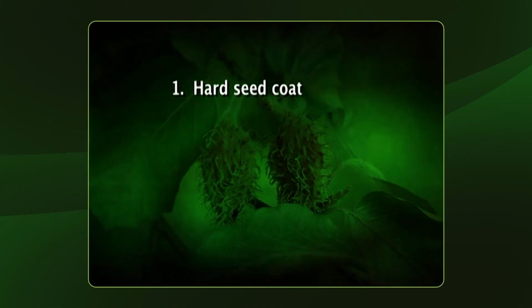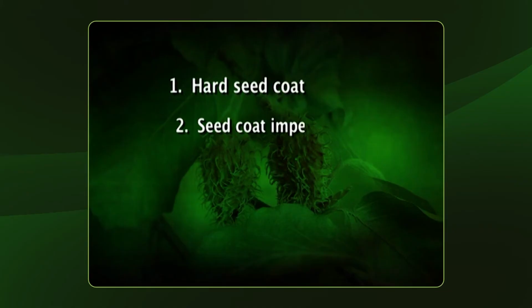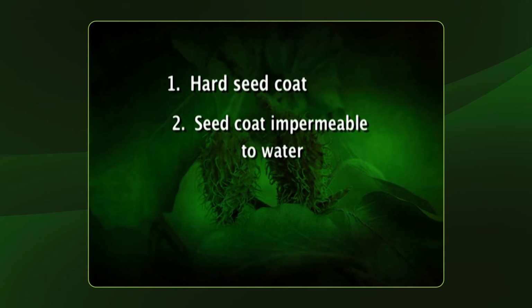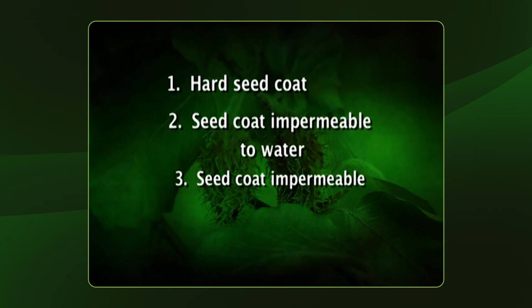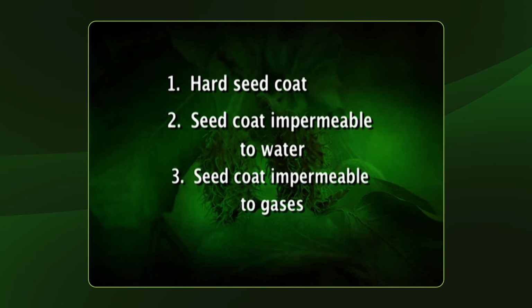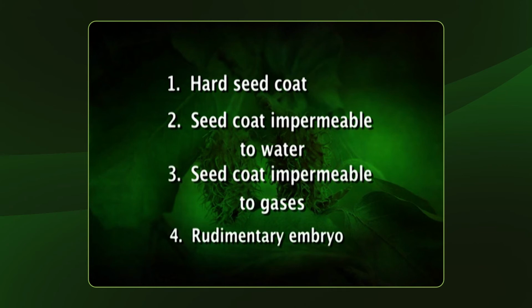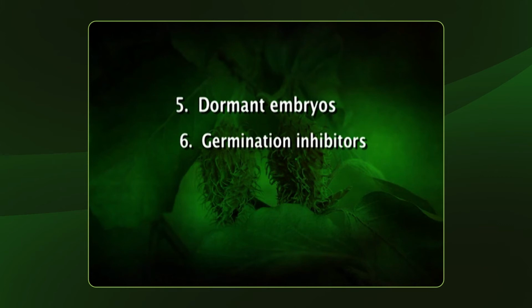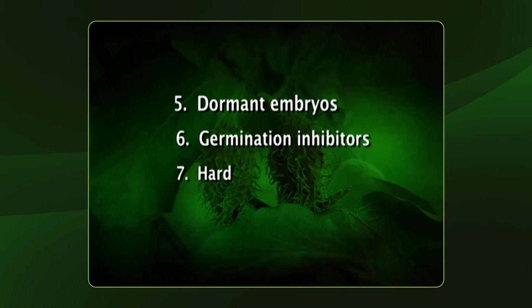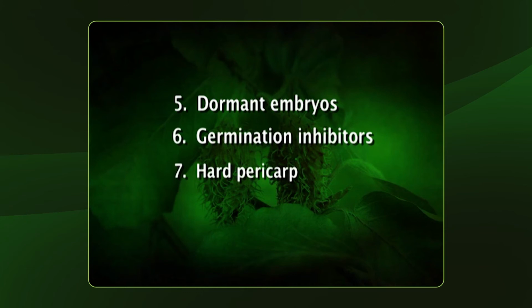Overall, different kinds of seed dormancy can be attributed to one or more of the following factors, including number one, hard seed coat, number two, seed coat impermeable to water, number three, seed coat impermeable to gases, number four, rudimentary embryos, number five, dormant embryos, number six, germination inhibitors, and number seven, hard pericarp.